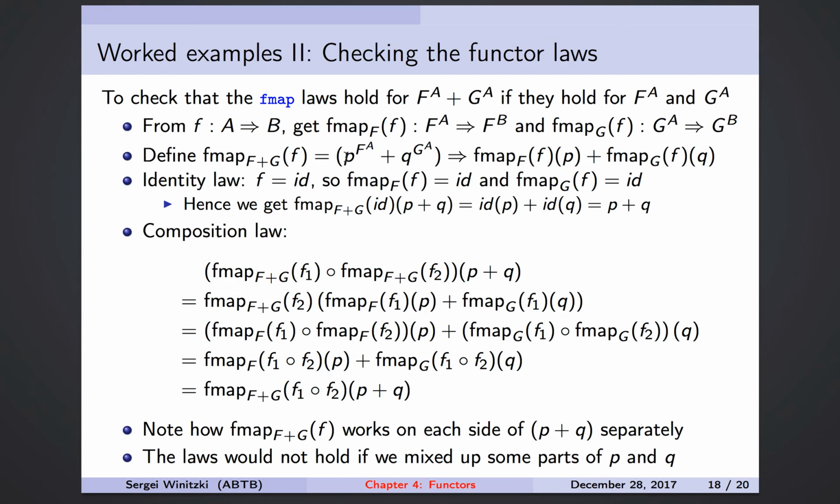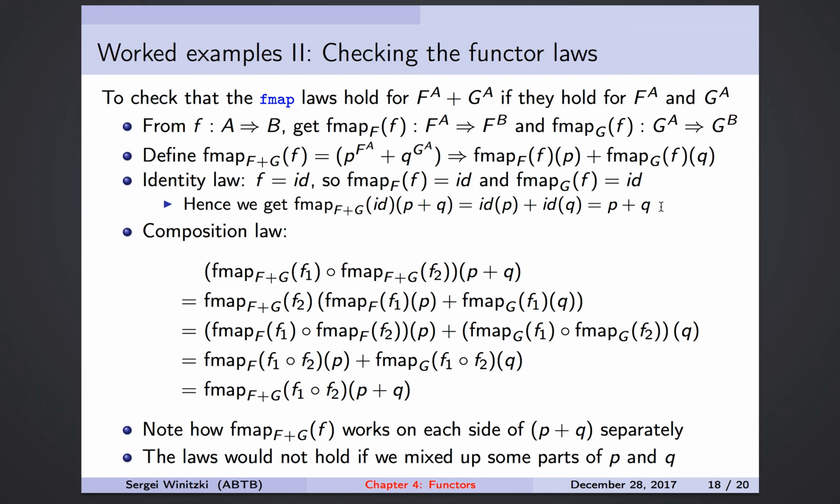P plus Q is an arbitrary value of type F plus G. By the formula, we need to apply Fmap F to the P, which is identity, and we need to apply Fmap G to the Q, which is again identity. So we just have P plus Q. We take P plus Q, we return P plus Q. And that's obviously identity. So the identity law holds for Fmap F plus G.